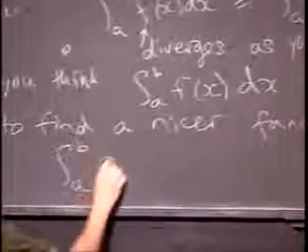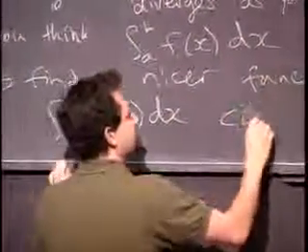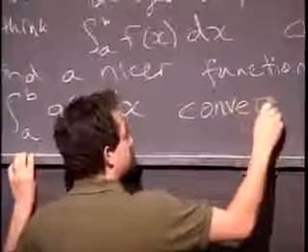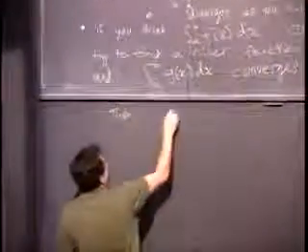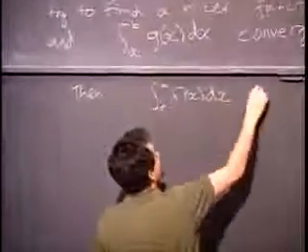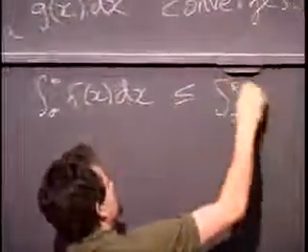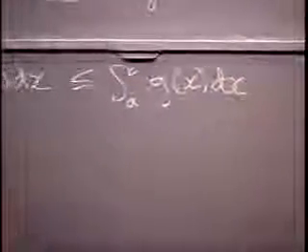And the integral of G converges. Then the integral we want, F, is now less than or equal to the bigger integral G, since G is a bigger function.